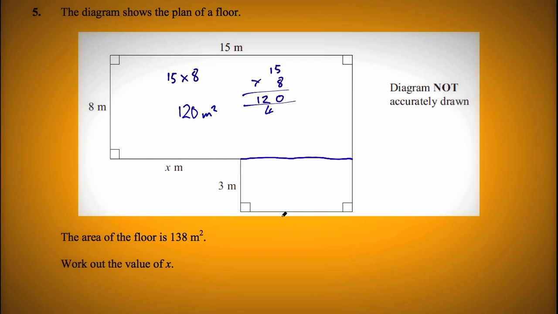To do the next bit, I need to work out the area of this section here, and this length here I can only get in terms of x. If this is x here, then this length here is 15 minus x.